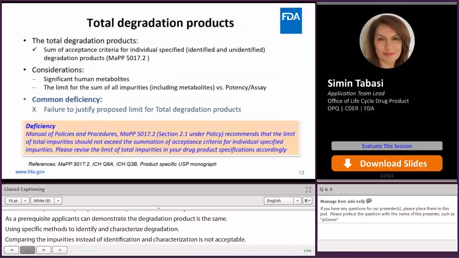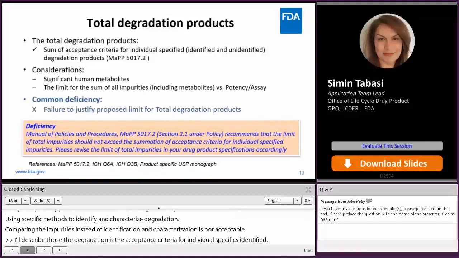Unless described in a product-specific USP monograph, the total degradation products is the sum of acceptance criteria for individual specified, identified, or unidentified degradation products. Applicants should consider that significant human metabolites should be excluded from the sum of total degradation products.